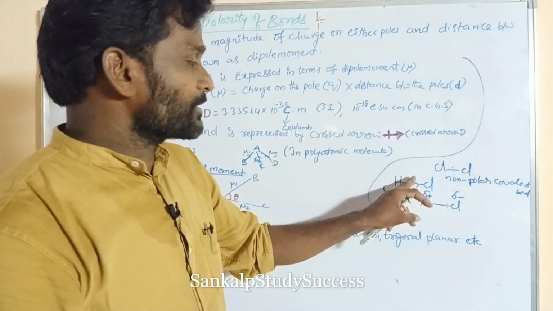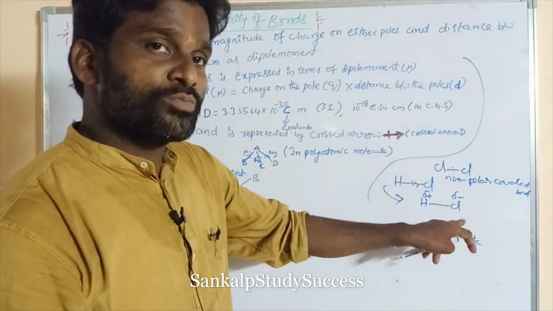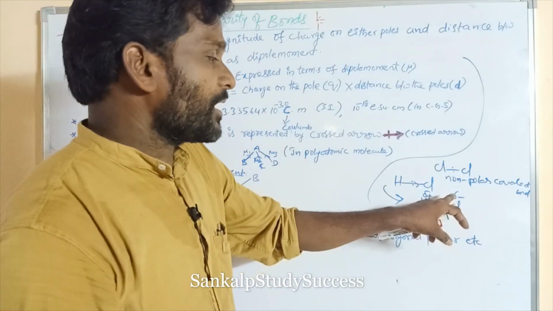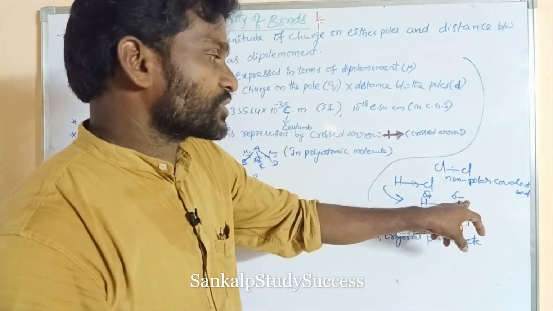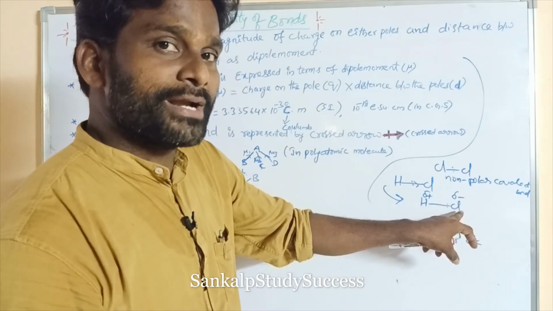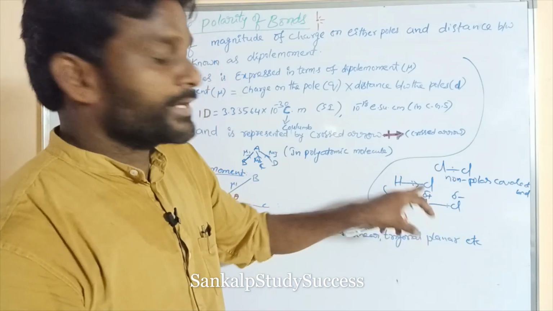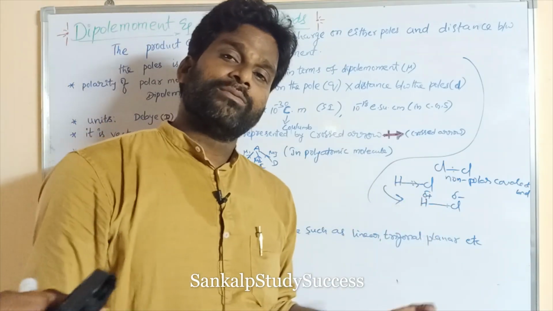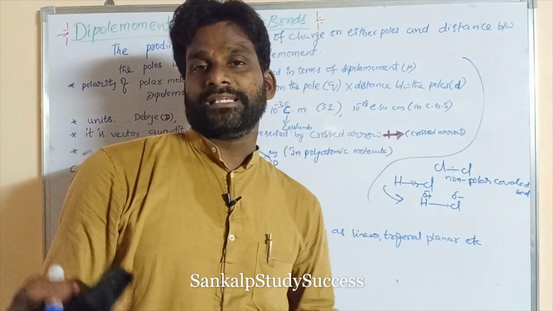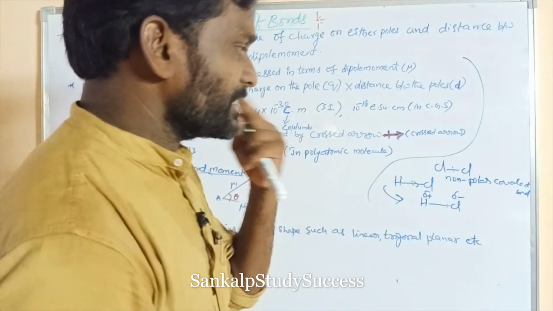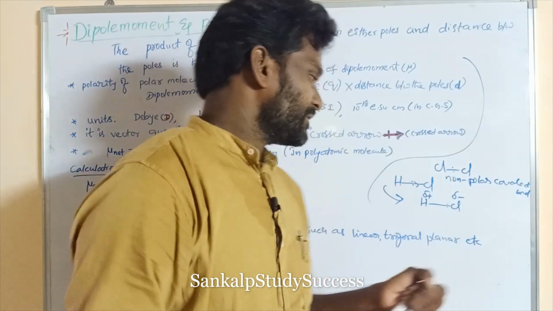Then the molecule acquires a partial negative charge on the more electronegative atom and a partial positive charge on the less electronegative atom. Here partial charges are represented by delta, right?